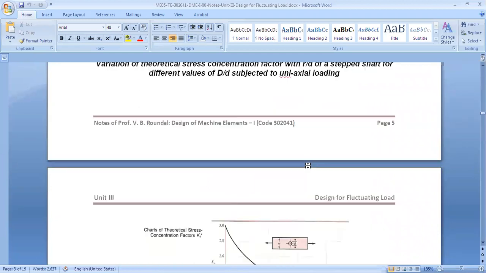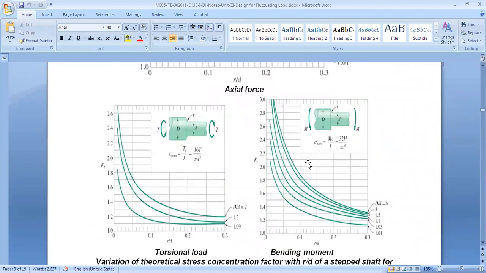To give you a feel, I will take a numerical of stress concentration factor, so that you have a feel of what it is and how it matters, because without a numerical it is a little difficult to understand.